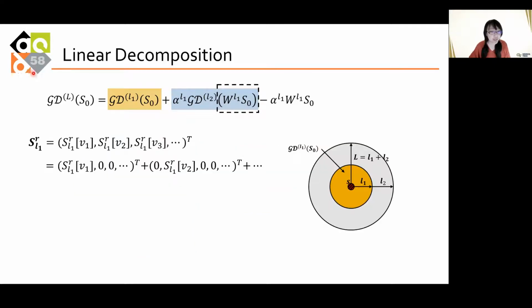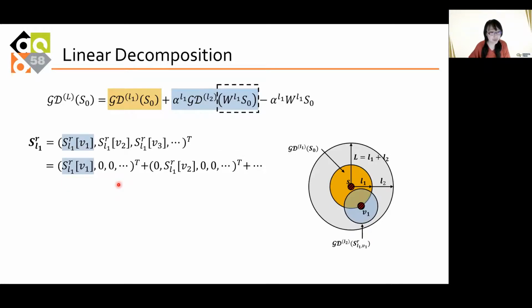Fortunately, we have the second weapon that we can utilize, called linear decomposition. Let's take a look at this initial vector of stage 2. This vector can be written as a summation of different vectors, where in each vector there is only one value that is not 0. You may find this familiar because this is actually another graph diffusion on a smaller subgraph.